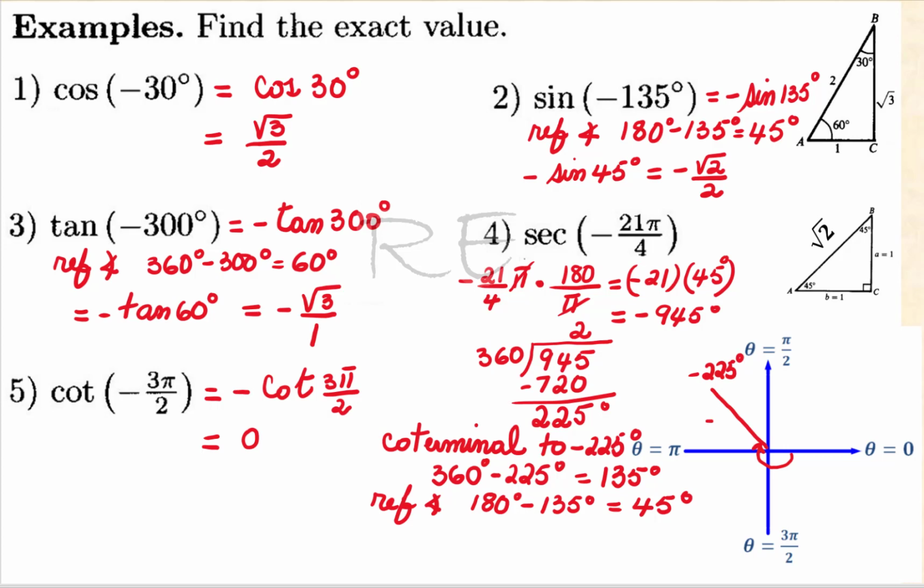It'll be 45 degrees. Now, secant is 1 over cosine, and cosine is negative in the second quadrant. Secant of negative 21 pi over 4 is equal to secant of 21 pi over 4, which is negative square root of 2.